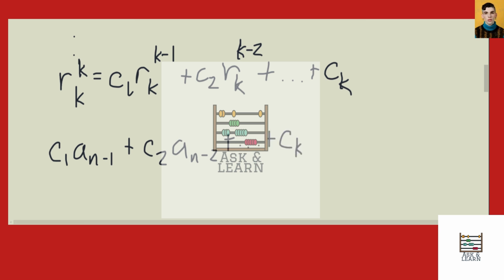And now plugging our sequence into the recurrence relation, we get c1 an minus 1 plus c2 an minus 2 all the way out to ck an minus k.